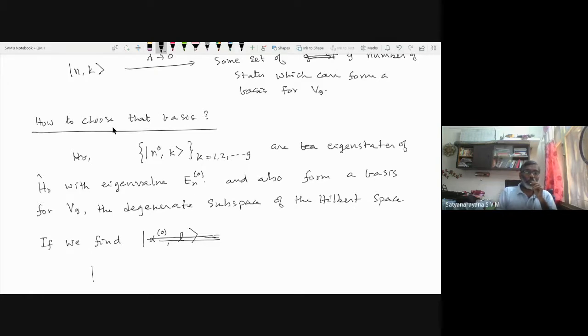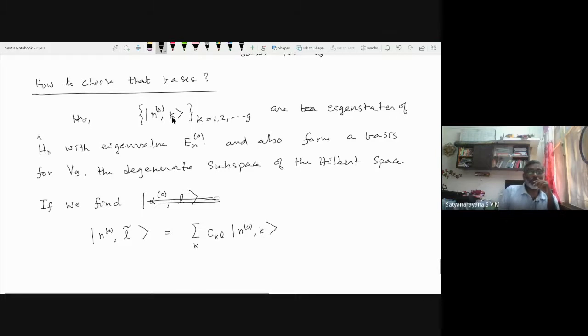Because it is still related to n, we can write |n0, L tilde⟩, just to say that these are some different states, as a sum over k of c_kL times |n0,k⟩, where this L will go from 1 to g.